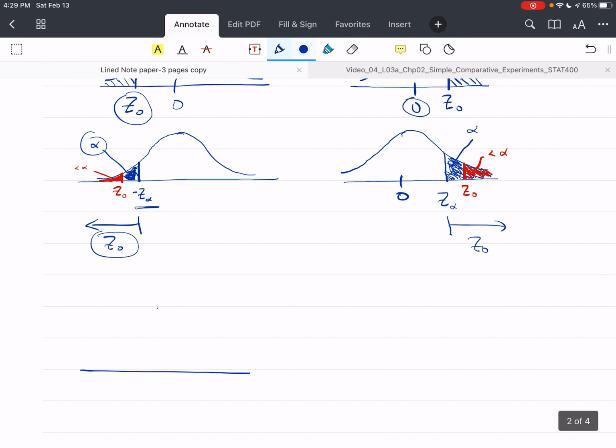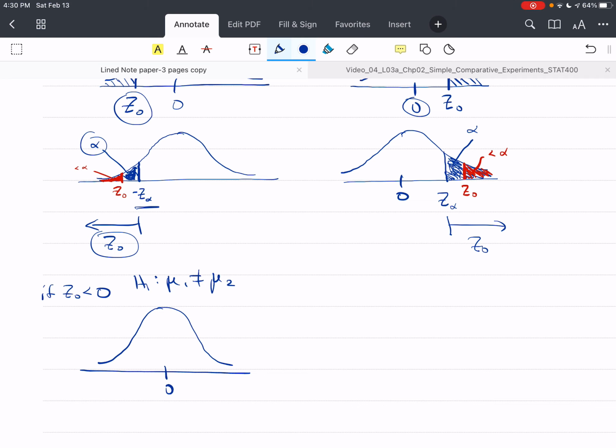In this case, we have two cases. We have if z naught is less than 0. H1 is that mu1 is not equal to mu2. We don't care if mu1 is bigger than mu2 or mu2 is bigger than mu1. We just care that they're not equal.